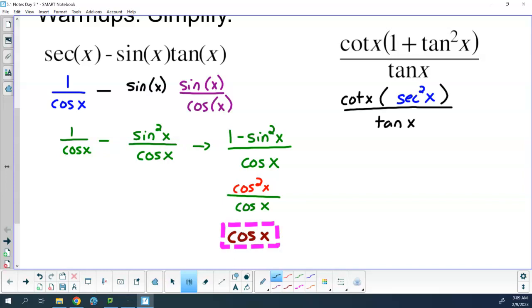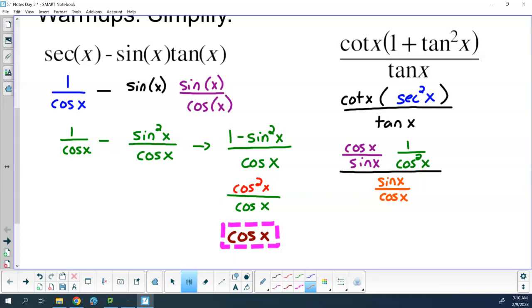Then cotangent is cosine over sine. Secant is 1 over cosine, so secant squared is 1 over cosine squared. Tangent is sine over cosine.